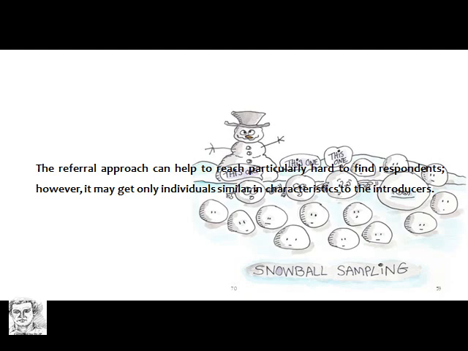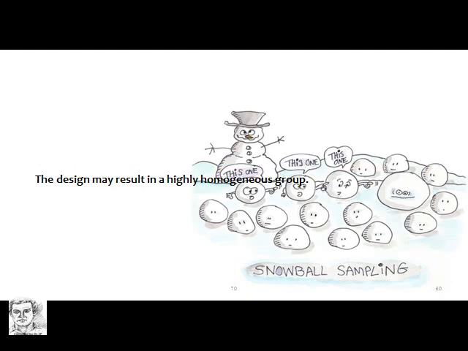The referral approach can help to reach particularly hard-to-find respondents. However, it may get only individuals similar in characteristics to the introducers. The design may result in a highly homogeneous group.